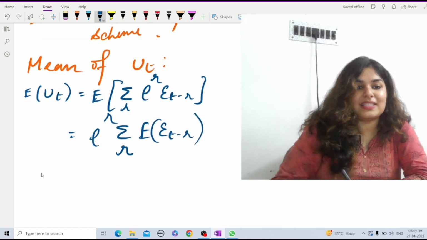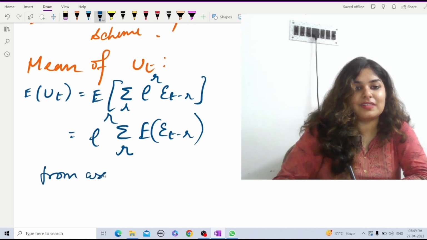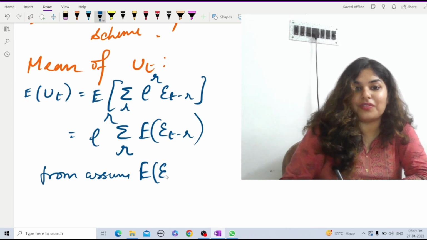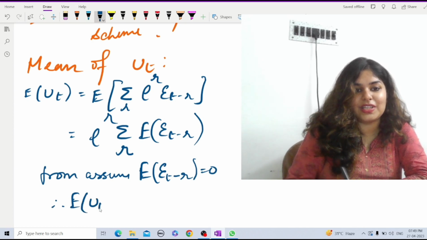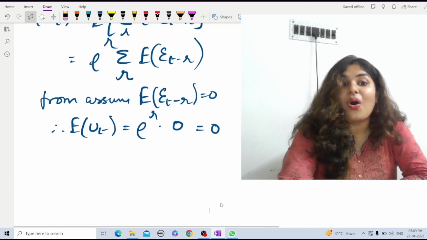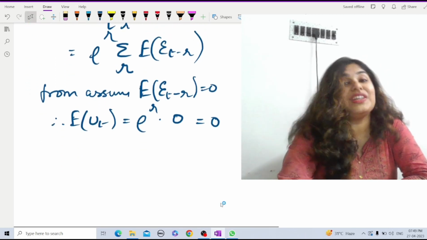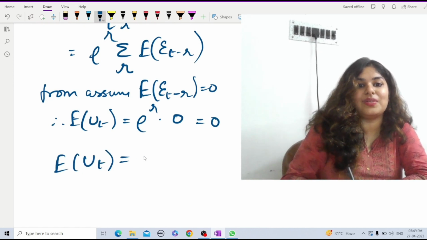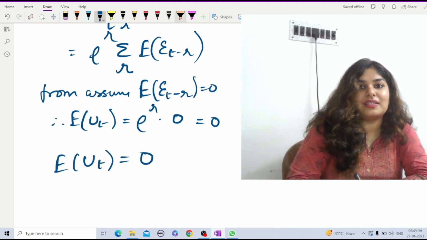Now we know from the assumption that the expectation of this random error is equal to 0. Therefore, the expectation of ut is rho to the power r into 0, which equals 0. That means the mean of the disturbance term when it is autocorrelated is 0. So E of ut equals 0. So this is the mean.